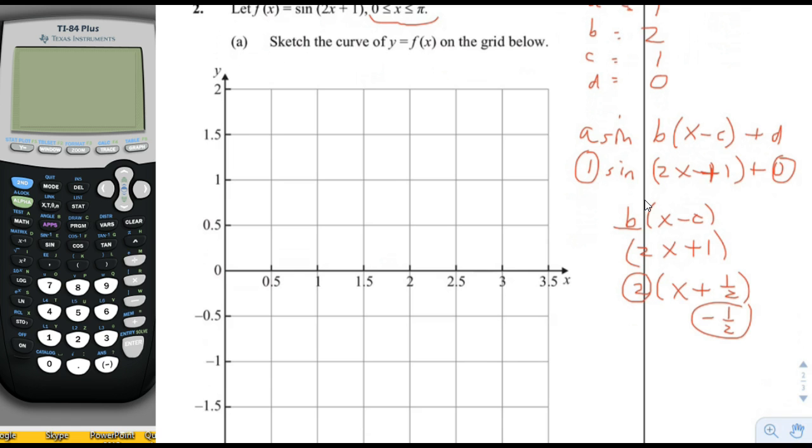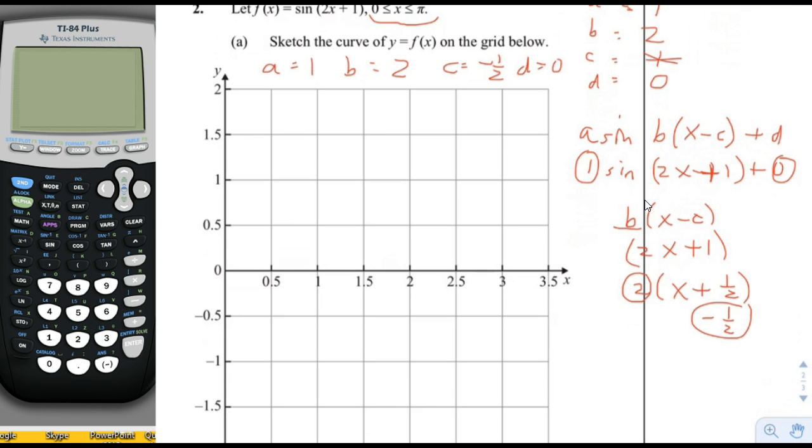Now we have all the values: a equals 1, d equals 0, b equals 2. It's not c equals 1, it's c equals negative 1 half, and b is 2.